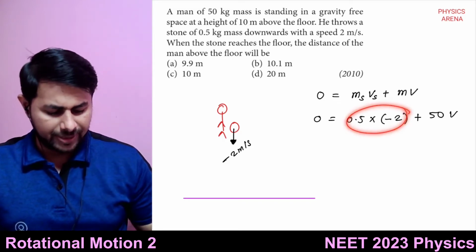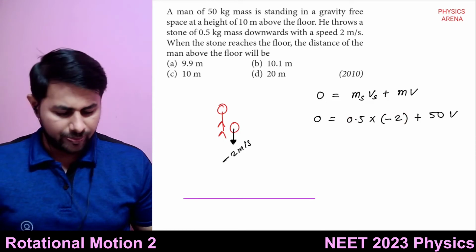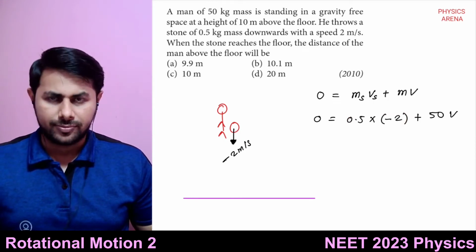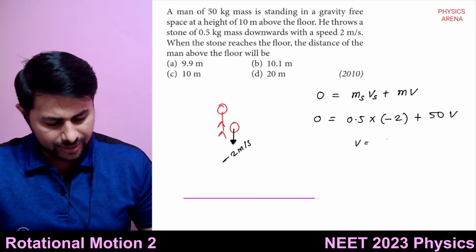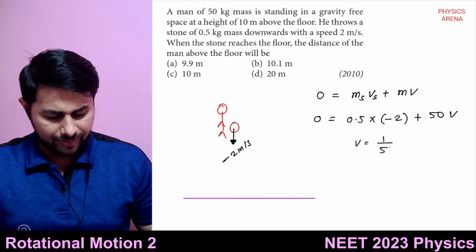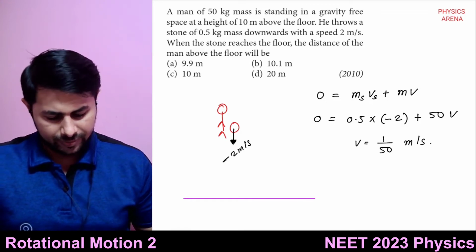So move this to the left hand side, so it will be 0.5 into 2, that is 1. So velocity of man is equal to 1 by 50 meters per second.